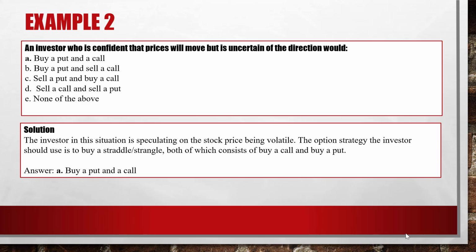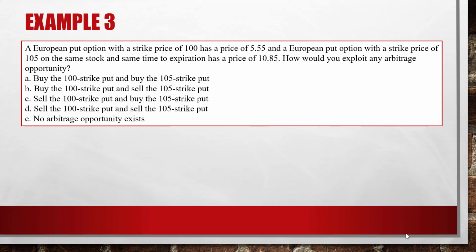Alright. Example 3. A European put option with a strike price of 100 has a price of 5.55. And a European put option with a strike price of 105 on the same stock and the same time to expiration has a price of 10.85. How would you exploit any arbitrage opportunity?